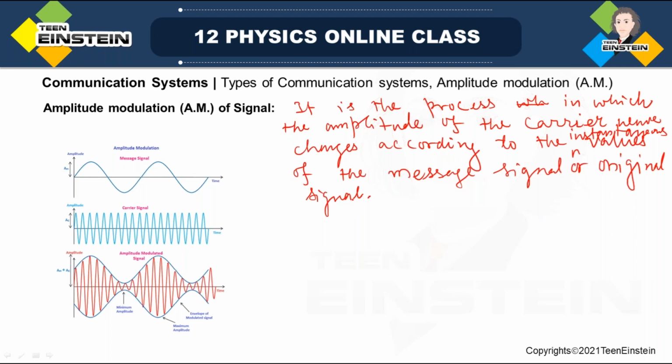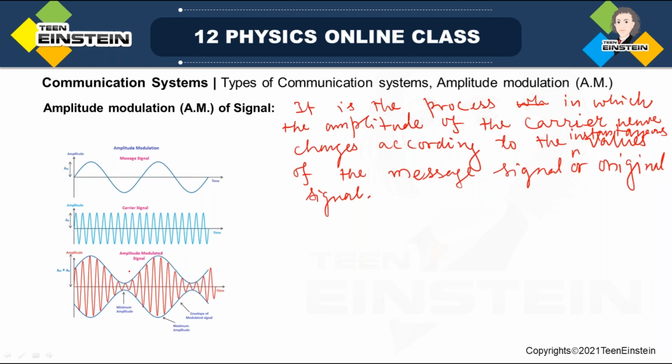Now we'll try to understand what the factors in this amplitude modulation are. Let me repeat the discussion on this particular figure itself.